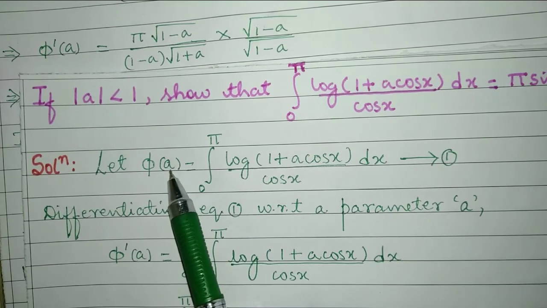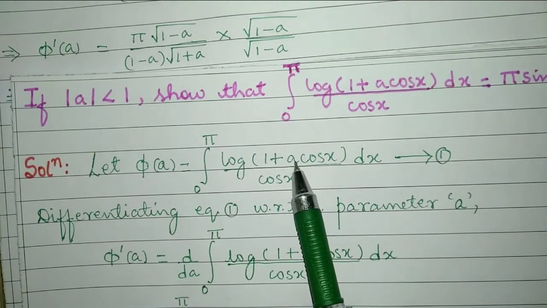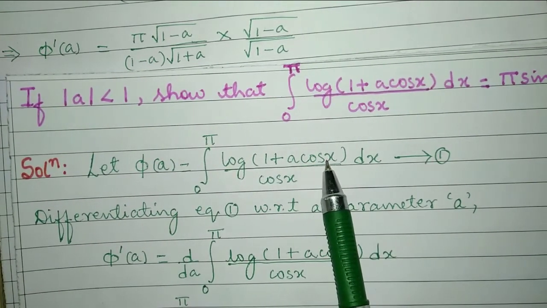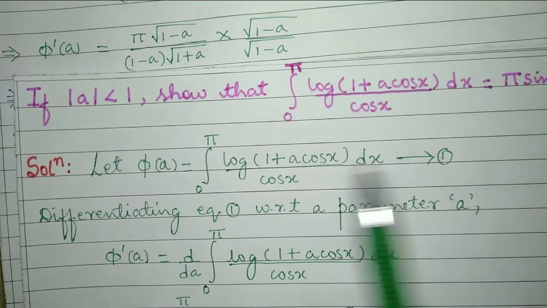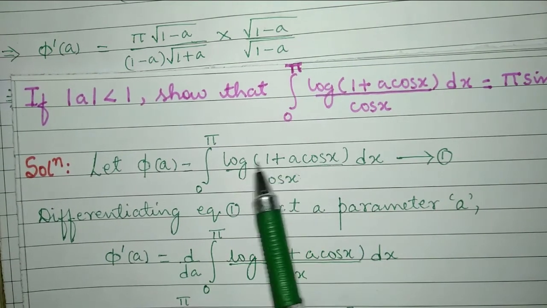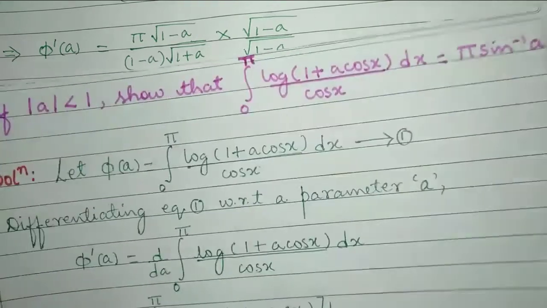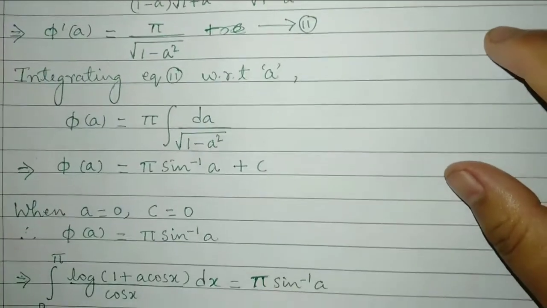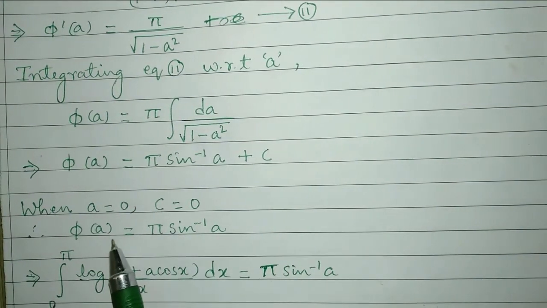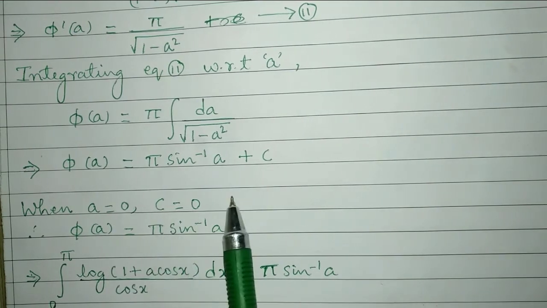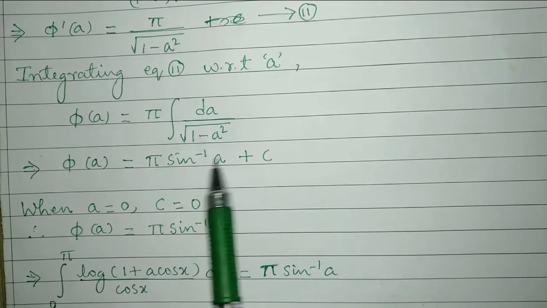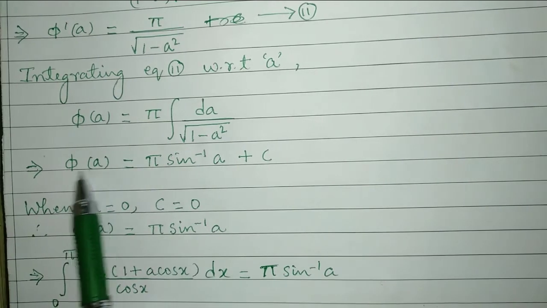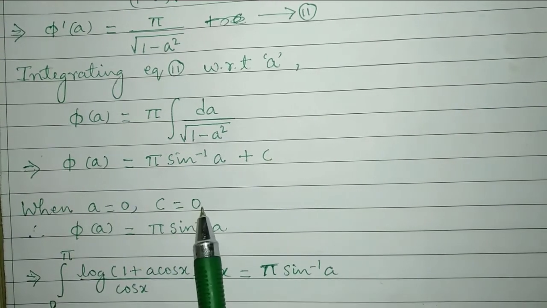Once you put a equal to 0, then 0 into cos x gives 0. This is a constant, and log of 1 is 0. Hence you have phi a to be 0. If these are 0, then c is 0.